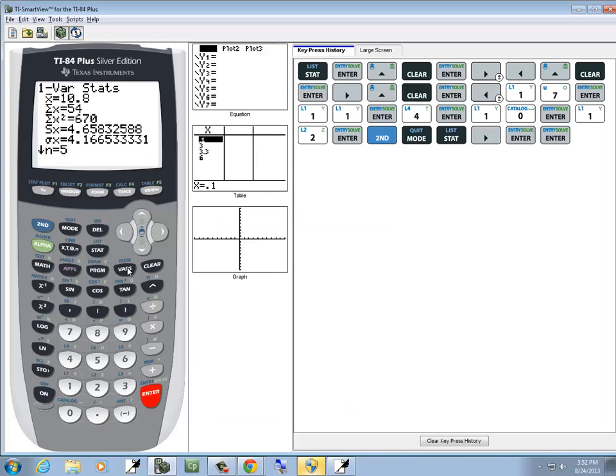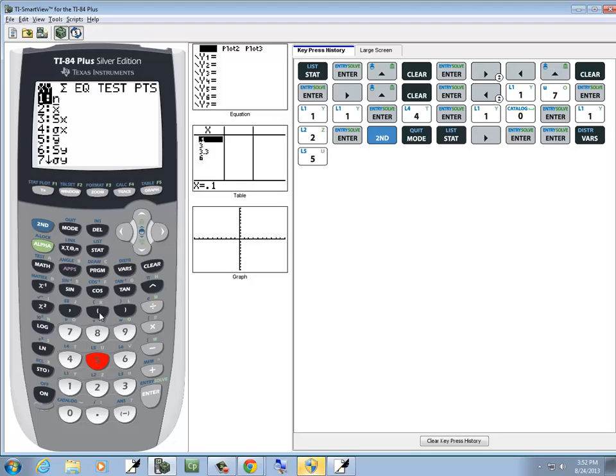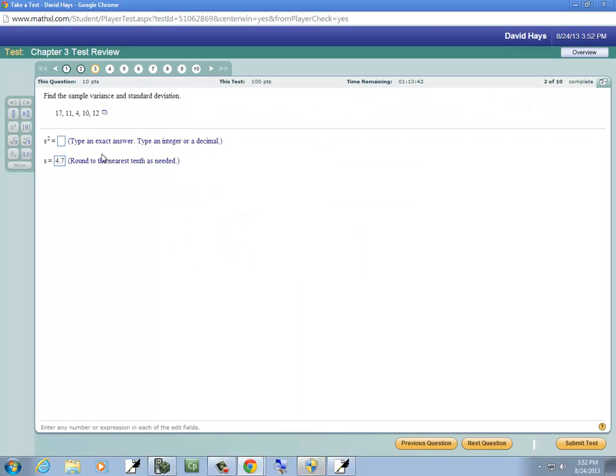The easiest way is just do vars, choose number 5 for statistics, choose 3 for Sx, and then push your x squared button. That gives us 21.7.